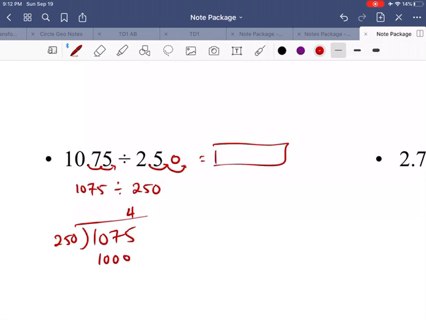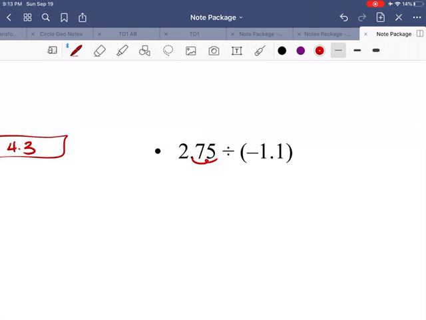That gives me 1,000. Now, if I add in zeros, I need to put a decimal there as well. Okay. So 250 into 750 goes 3 times. Exactly. So my answer is positive 4.3.